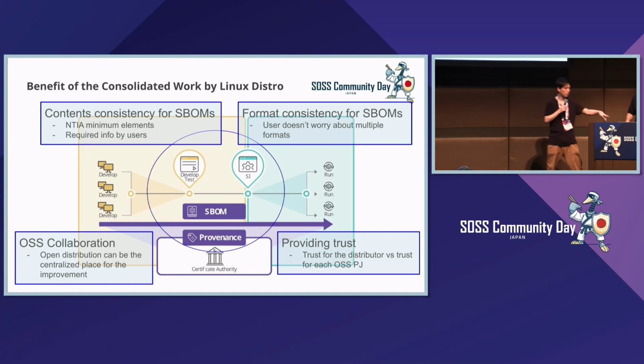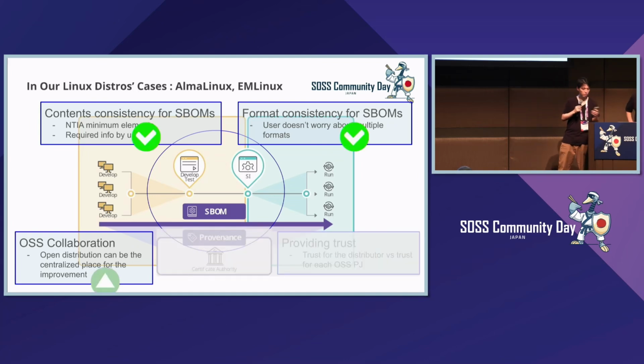And in this case, I'm talking about AlmaLinux and MIRACLE LINUX, which we are contributing to. In our case, we have achieved about 2.5 of these.